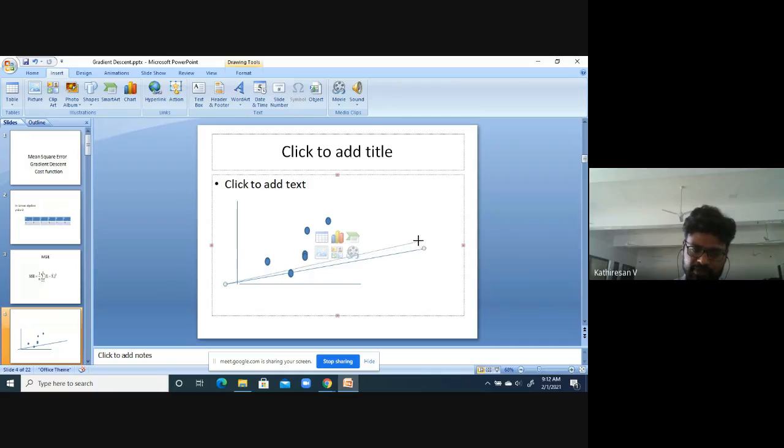Like this I need to change with many iterations and check. So it should be checked here, here, here, here. Likewise, it should be checked.